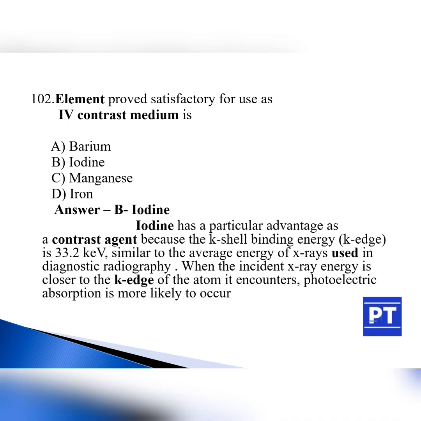Iodine has a particular advantage as a contrast agent because the K-shell binding energy, K edge, is 33.2 kiloelectron volts, similar to the average energy of the X-rays used in diagnostic radiology. When the incident X-ray energy is close to the K edge of the atom, photoelectric absorption is more likely to occur. So the main interaction of X-rays in matter in diagnostic radiology is the photoelectric effect.